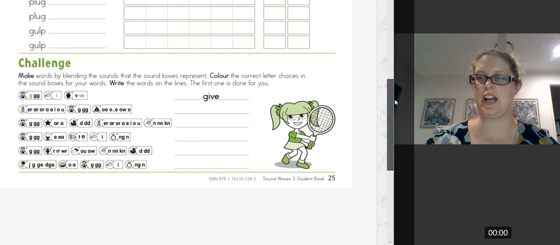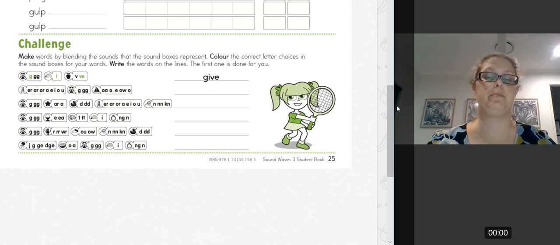All right, challenge time. So for the challenge, you're going to put sounds together and blend the sounds together to make words. Most of these words, to be honest, are from the word list, so that's a bit of a clue. Then you're going to write the words on the line. It also wants you to colour in the letter combinations or the graphemes from each of the sound boxes.